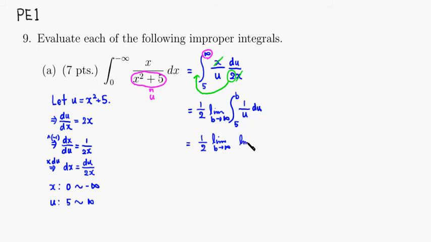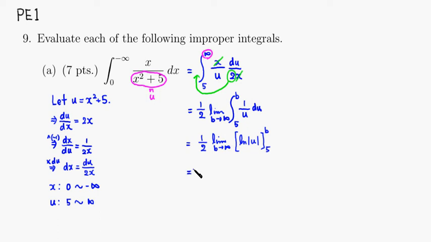is the natural log of the absolute value of u, and this goes from 5 to b. So let's just plug in.